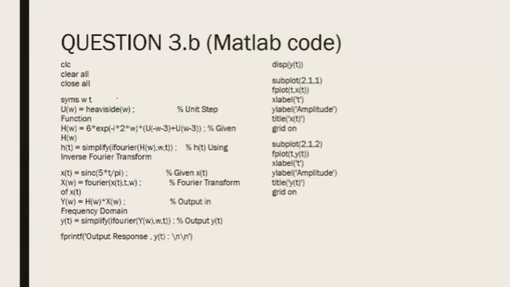Okay, first you can see this is to clear the previous calculation, and here just like question A, it is used to assign the variable, and then here is the unit step, because we have a unit step function, and H(w) just like the previous question, to give H(w) the value that was stated in the question. h(t) is the inverse Fourier transform.